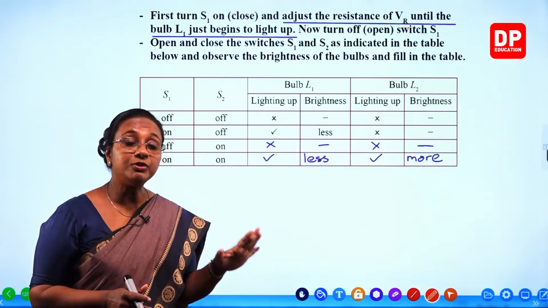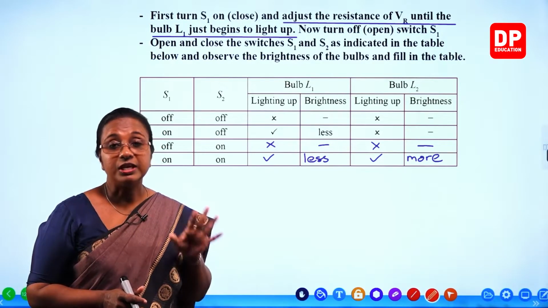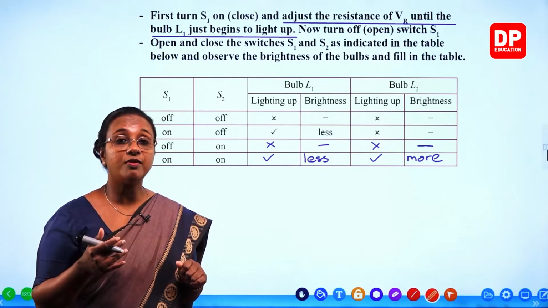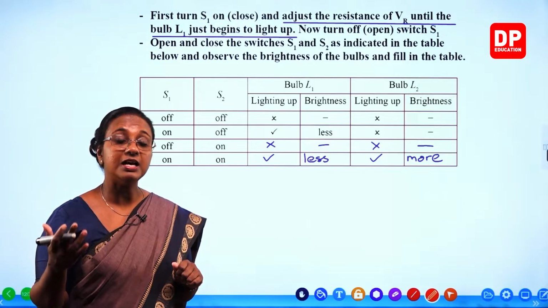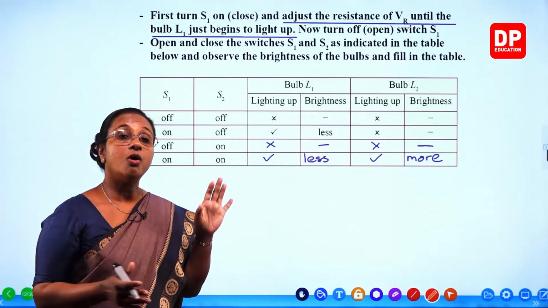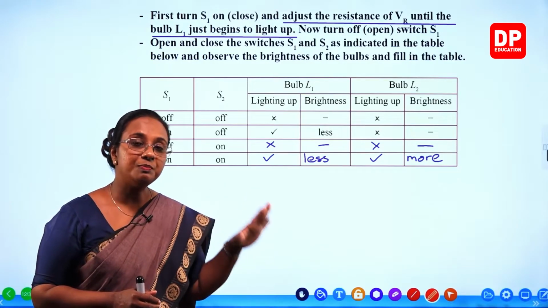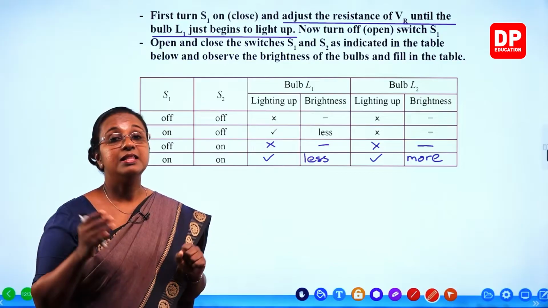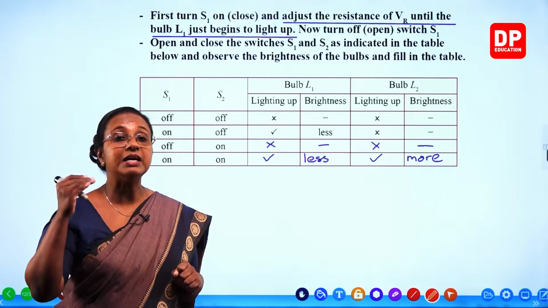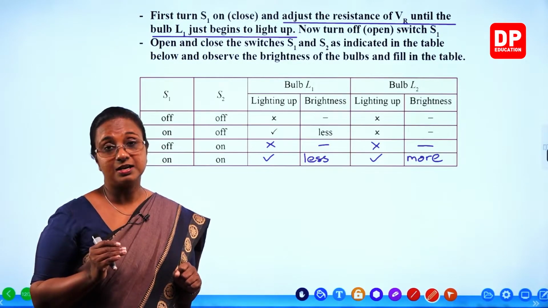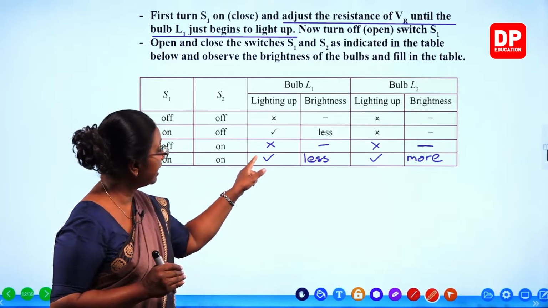So you have to give a current to the input circuit in order for current to flow in the output circuit. S1 should be closed, and if current flows through base emitter only, there will be current flow through the emitter collector junction. That is what is indicated here.